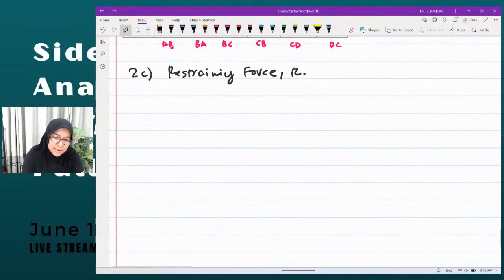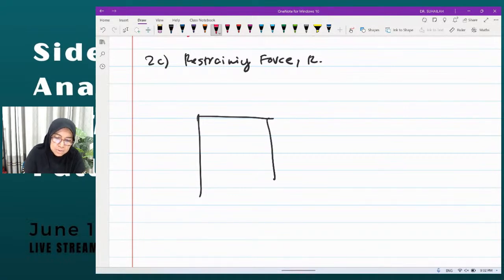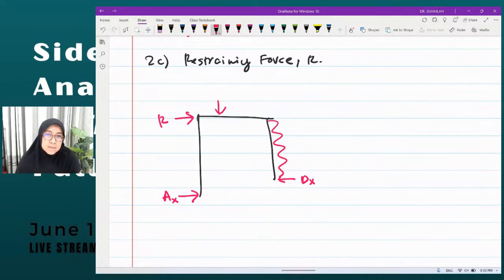To calculate the restraining force, we have to look again at the diagram. We have R, we have AX and we have DX. We have to write what we call the shear equation. Why the shear equation?